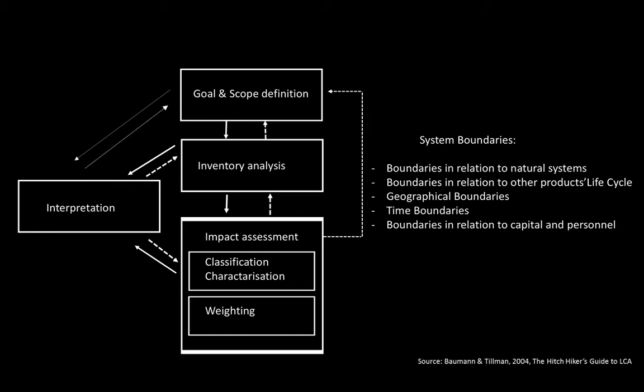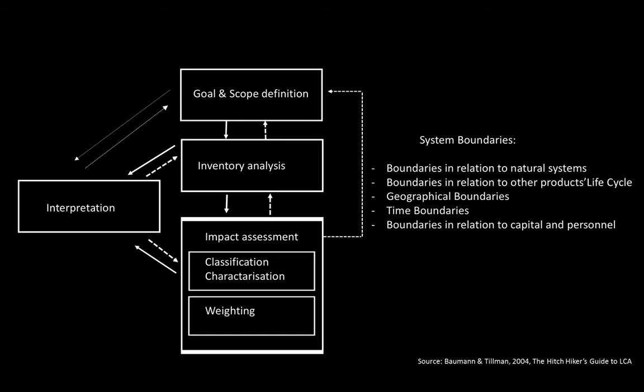Where is your analysis valid? You must also decide during what time frame this study is made. It is important not to compare a totally modern product with a 10-year-old one. The production methods have been completely different.